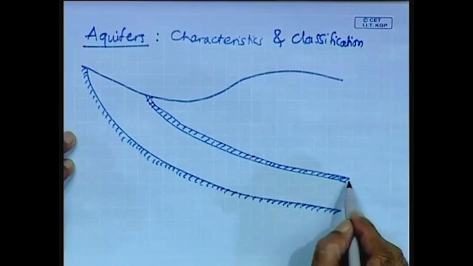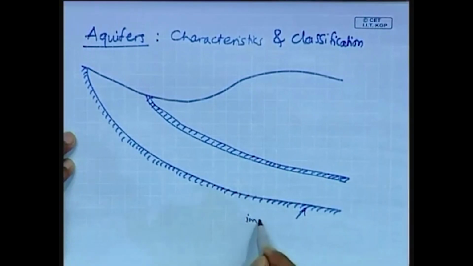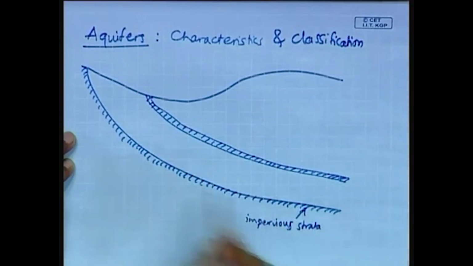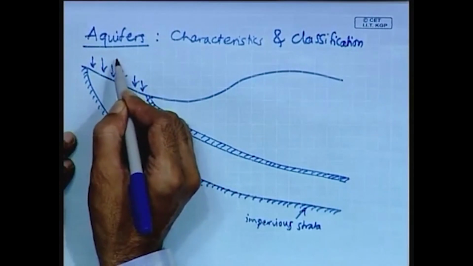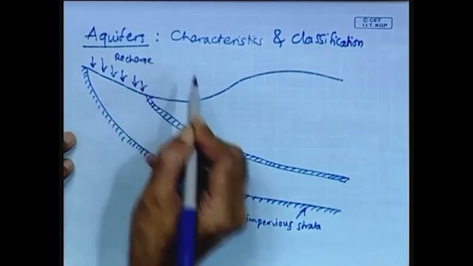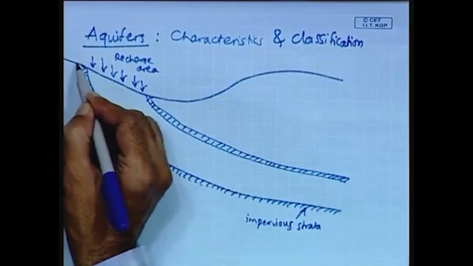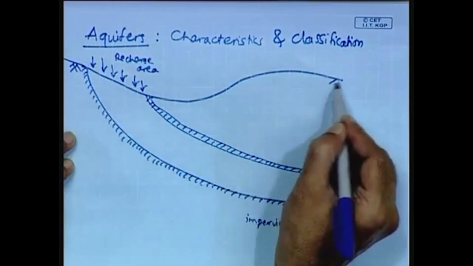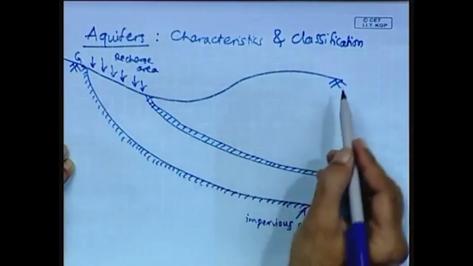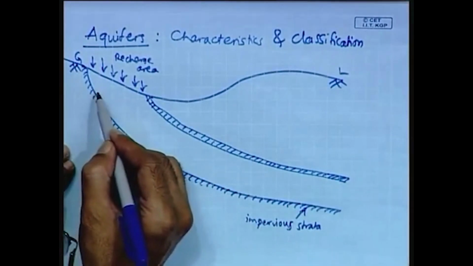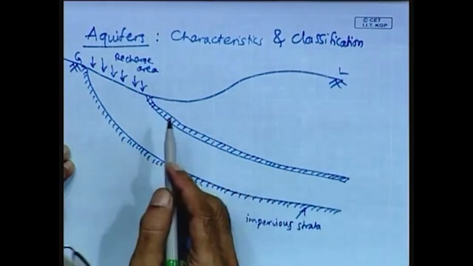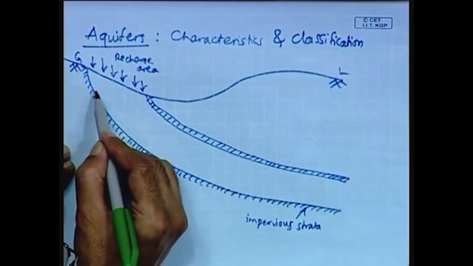So, these are the impervious strata, so this is the recharge area, so this is the ground level, and here I would like to represent the water table or the piezometric surface.